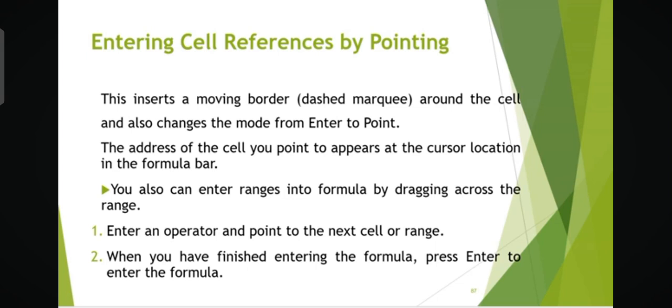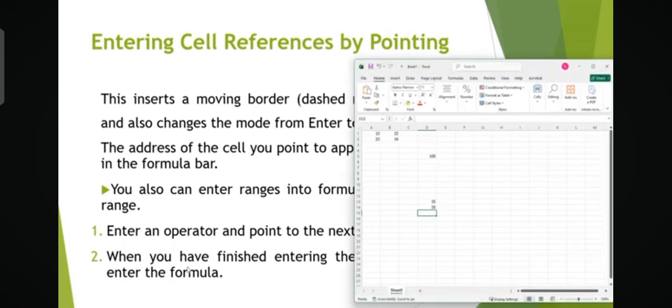So let me just show that again. Let's say we want to add these two. When I do equal to, you can see it's inside there. Now, this is where the cursor is. So if I click on A2, you see that A2 appears in the formula with the cursor blinking by it.